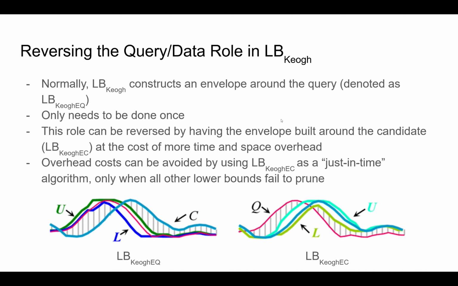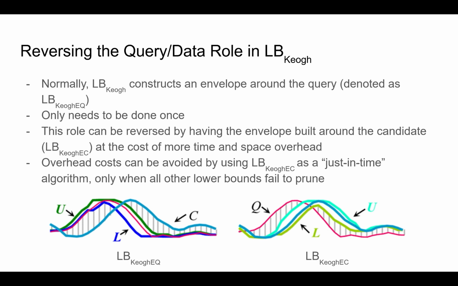One of the most important optimizations of DTW from the UCR suite is lower bounding, which allows for the pruning of unnecessary candidates. Normally, LBKO constructs the envelope around the query, denoted as LBKO-EQ, and this process only needs to be done once. However, the roles of the data and query can be reversed by effectively creating the envelope around the candidate instead, and this is denoted as LBKO-EC.